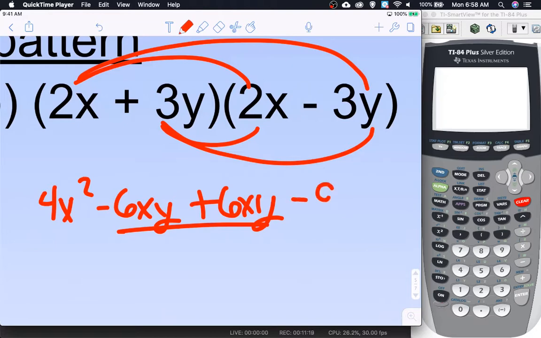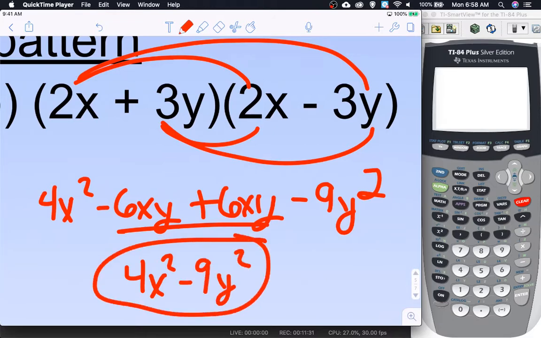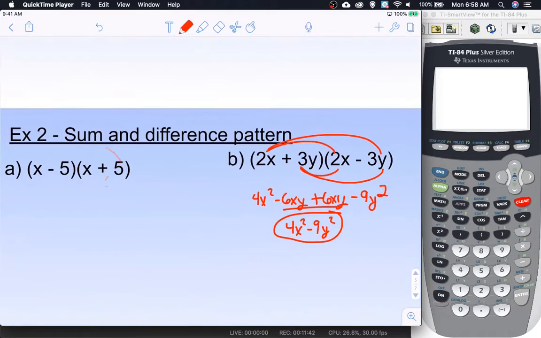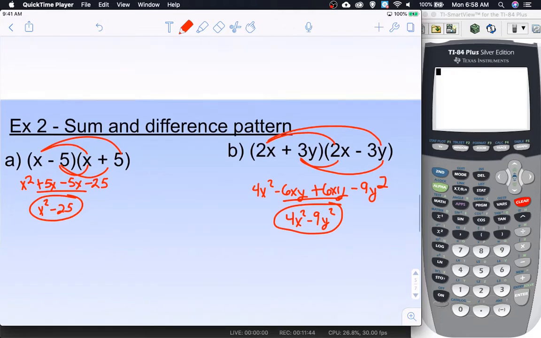And a negative 9y squared. So when we finally simplify, we get 4x squared minus 9y squared. It's really not worth your time to try to remember these patterns. As long as you can multiply, the patterns will reveal themselves and you'll be good.